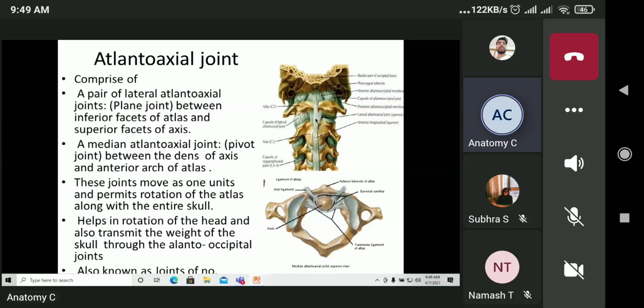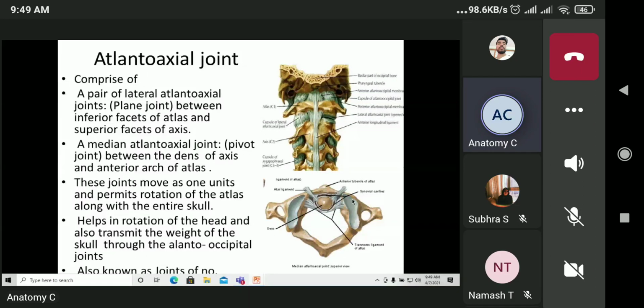Now, the atlanto-axial joint. This is the atlanto-axial joint, look at it. There are three joints in the atlanto-axial articulation: a pair, one on each side, lateral atlanto-axial joints. Here the atlas will come, and the axis will come.